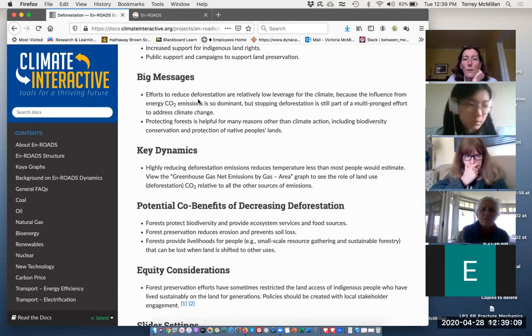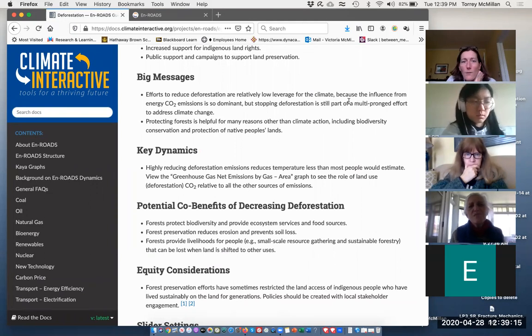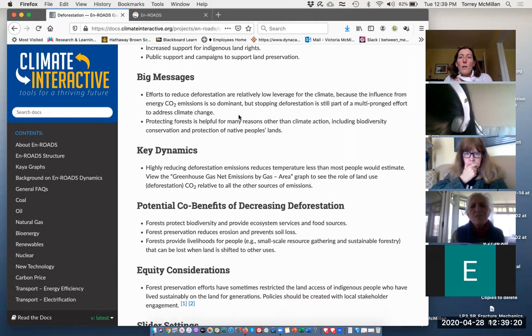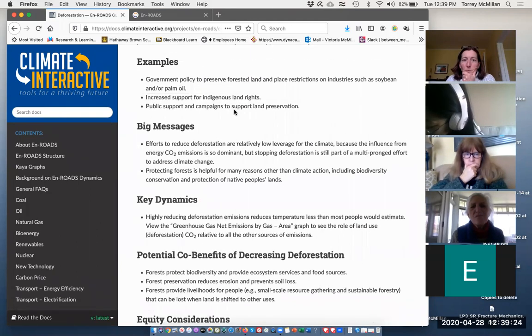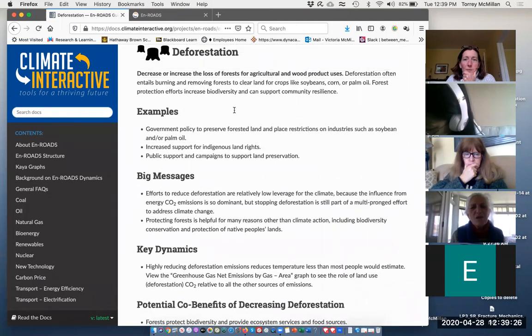Yeah, in their scenarios as they're running it, it's a relatively low leverage for the climate. Oh, here, because the influence from energy CO2 emissions is so dominant, but stopping deforestation is still a part of a multi-pronged effort to address climate change.